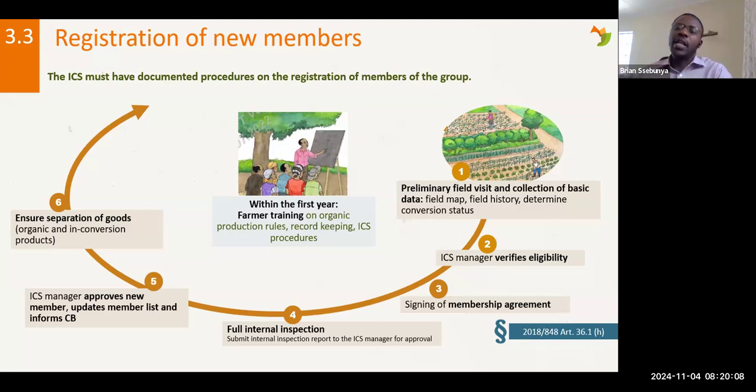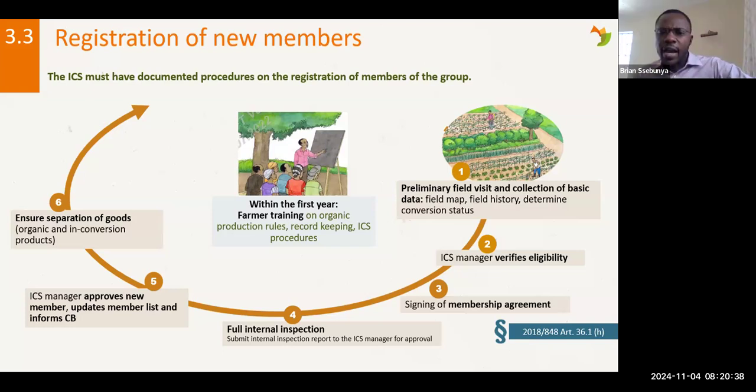If they qualify, then number 3, they sign the membership agreement. Number 4, they go through internal inspection. Number 5, after the internal inspection, the ICS manager approves them as a new member, updates the members list and informs the CB. And if we are buying an organic in-conversion product, then we ensure they are separated and labeled separately.